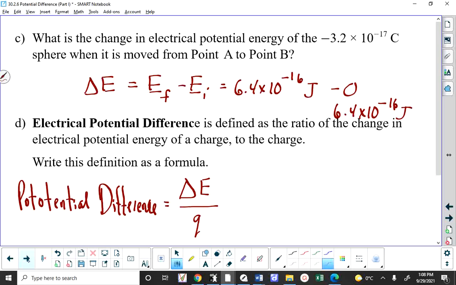You can make a note here that electrical potential difference, and it's not potential, it's just potential difference, is measured in joules per coulomb. It's energy divided by charge. And that's the formula.